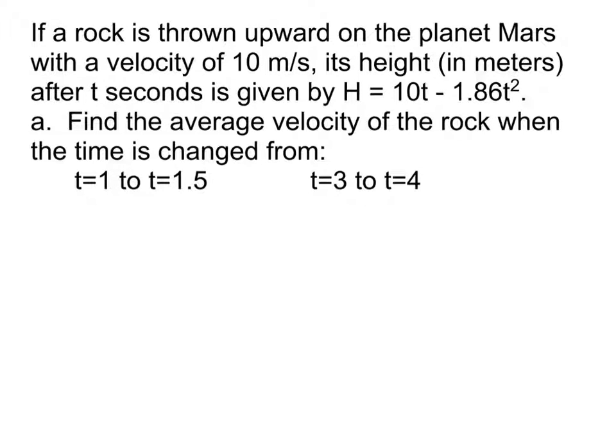All right, now I'll tell you up front, there are 2 different methods that we can use to do this one. And right now I'm focused just on this t equals 1 to t equals 1.5 here. One method is that we can use the difference quotient. Because remember, the difference quotient gives us the slope of the secant line, which is basically the slope of the average velocity.